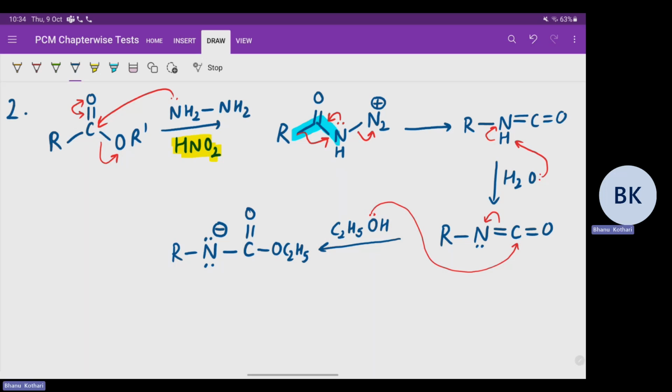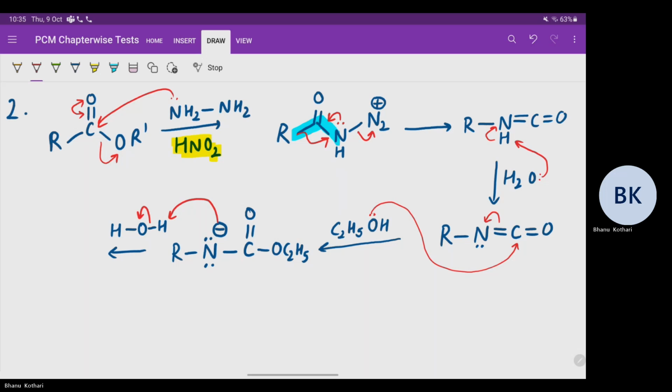Again, there is solvent present in the solution, C2H5OH. It is occurring in acidic medium. Sorry, it is occurring in aqueous medium. So we have water as a solvent. What will happen? This negative charge will abstract this hydrogen, and this oxygen will get the lone pair, OH.